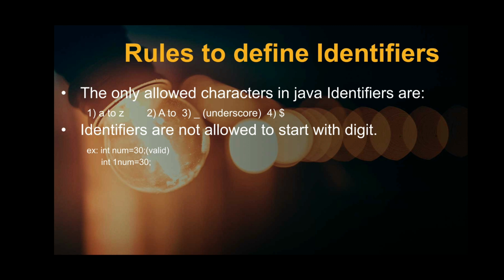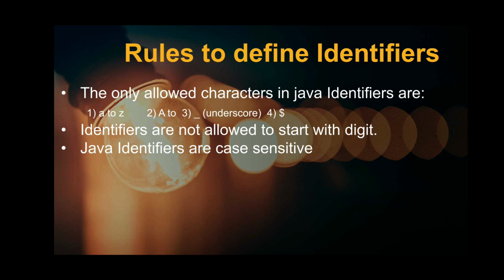Think a bit and tell me if it's valid or not. It is invalid. Why? Here we are starting an identifier with a digit. What does the second rule say? Identifiers are not allowed to start with a digit. So it's invalid.